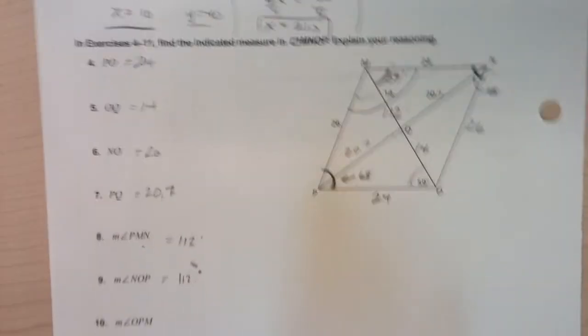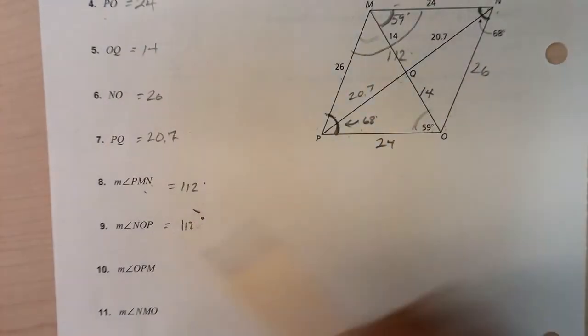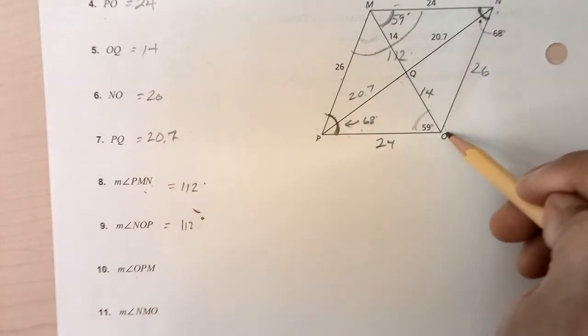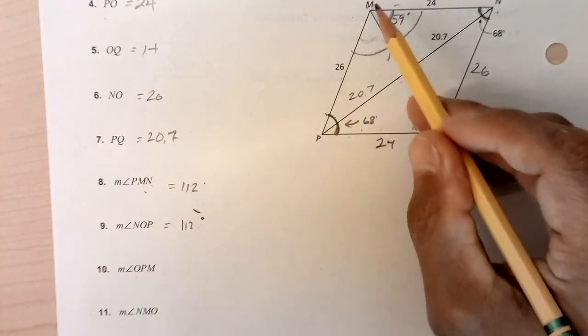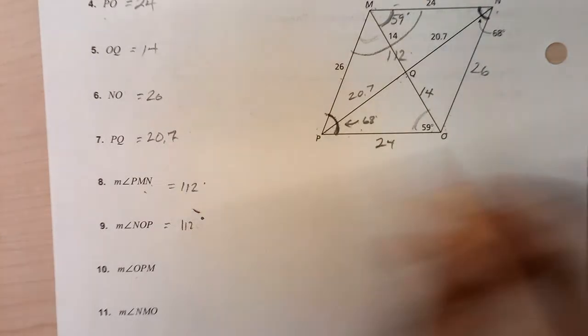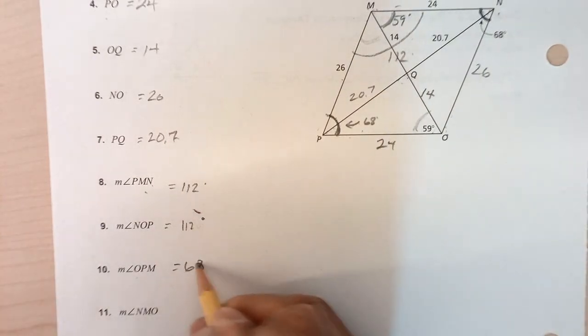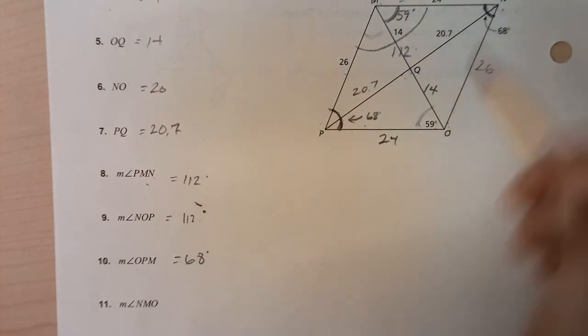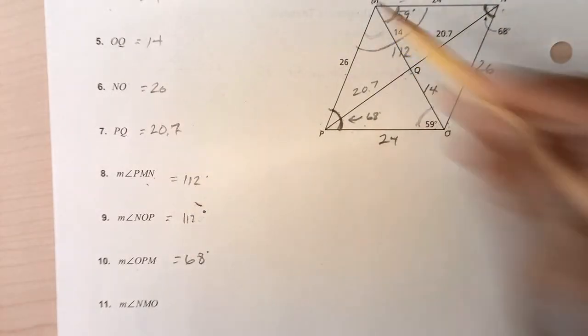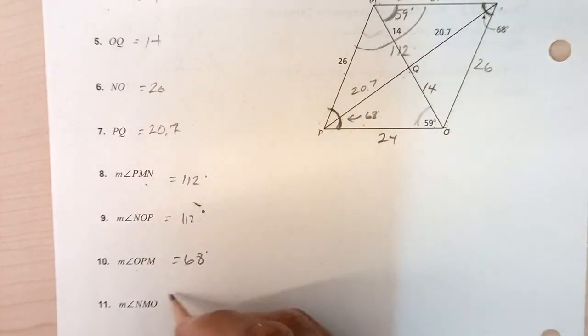Let me scoot this up so we can see the rest of the questions. Angle OPM, O to P to M, we found is 68 degrees. And then lastly, angle NMO, we found is right here, 59 degrees.